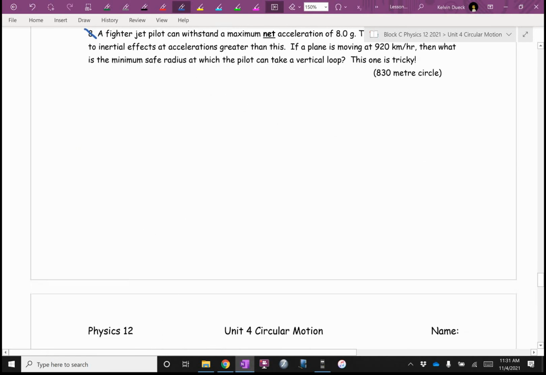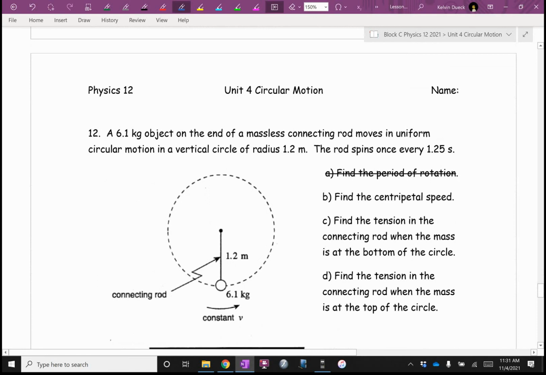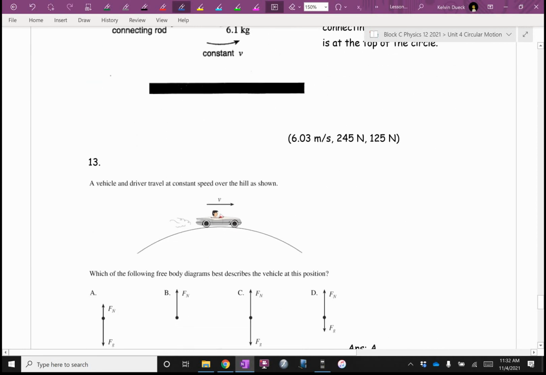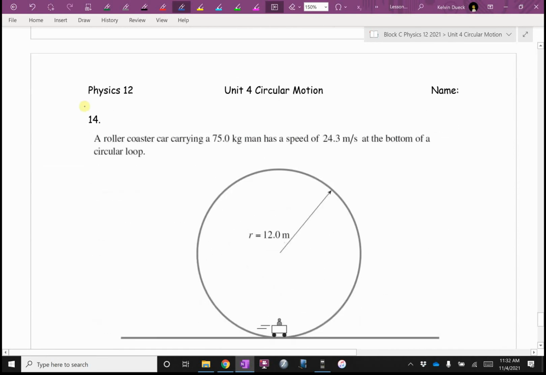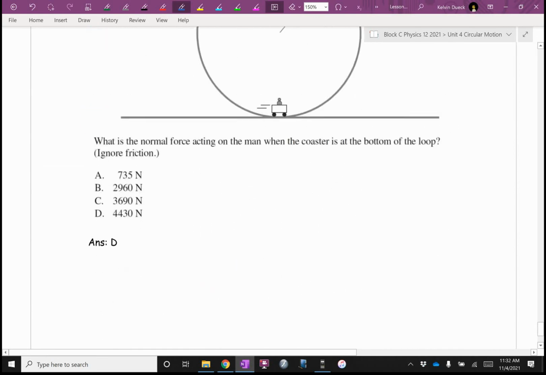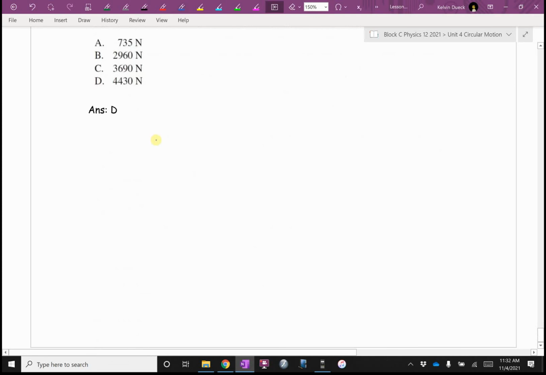Skip 8. It's cool, but I'm going to skip it. You can also skip 9, 10, and 11. Ha ha ha. 12 is good. Obviously, skip A. 13. 14. Oh, roller coaster loops. Got to do roller coaster loops.